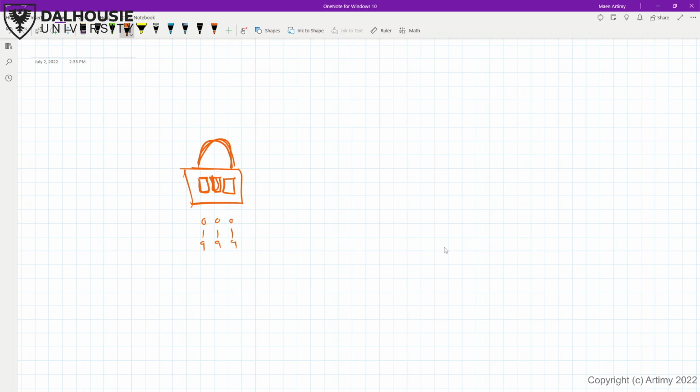So if somebody wants to lock their safe, their storage, their bag, they will put a random number that only they remember. So let's say 953. That's the secret number that I will keep to myself, and only I will know this number. So anybody else who tries to open the bag won't be able to, right?